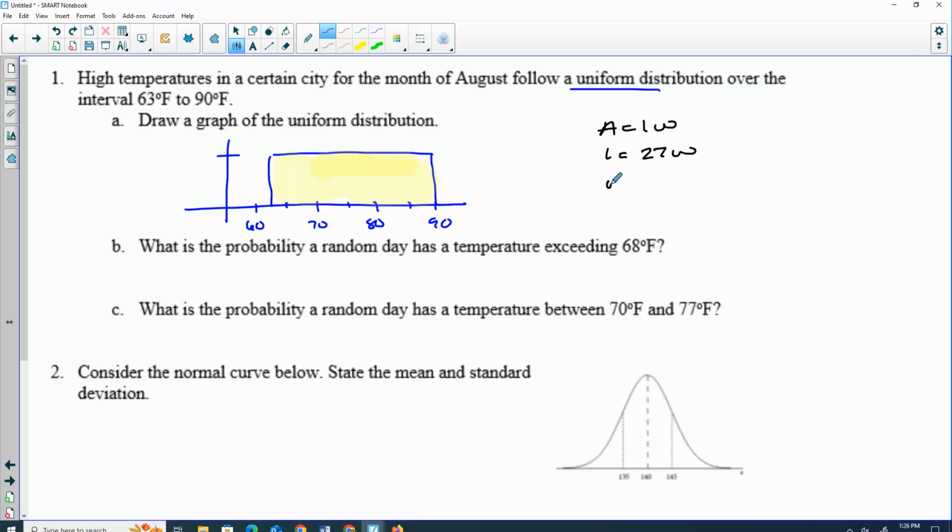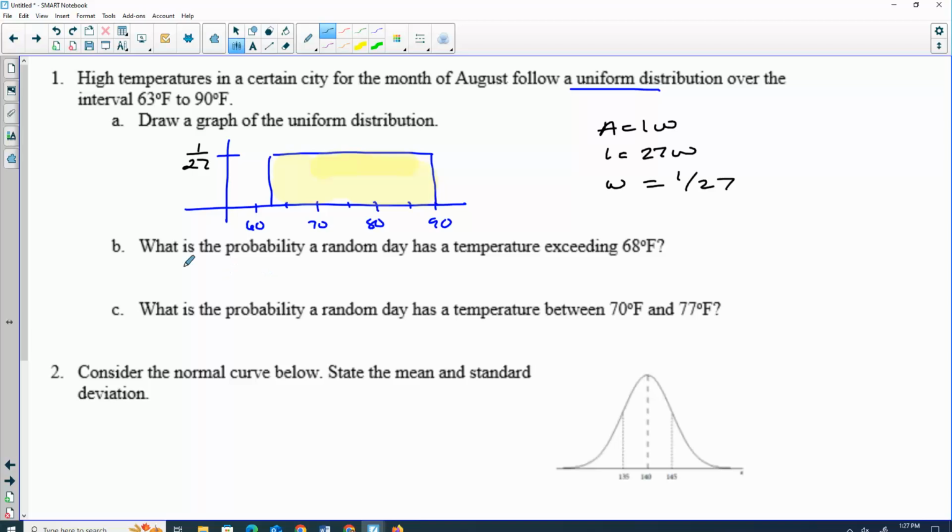So if you divide, our width is 1 over 27. So that's how we get the height of the rectangle. So it's just 1 over however long it is. So if it started at 20 and went to 80, what would the height be? 1 over 60.